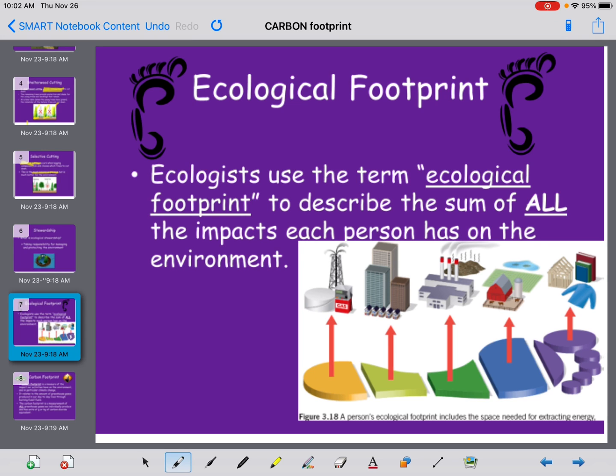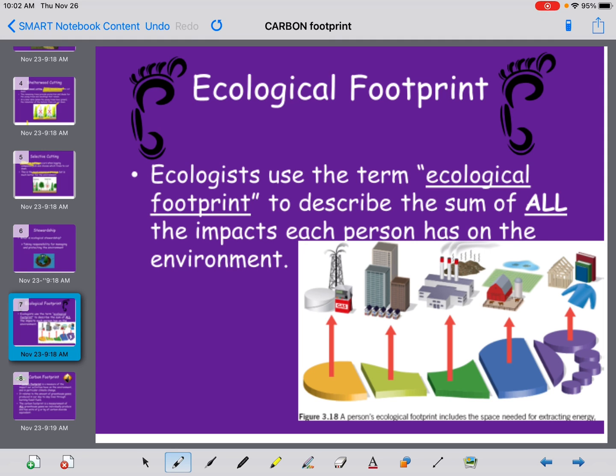Is it locally produced food, or is it shipped in from many different areas? Where do your mom and dad work? Where will you work in the future? Everything that you do in your life has some sort of impact on the environment. Sometimes it can be a big impact, sometimes a small impact, but an impact nonetheless.